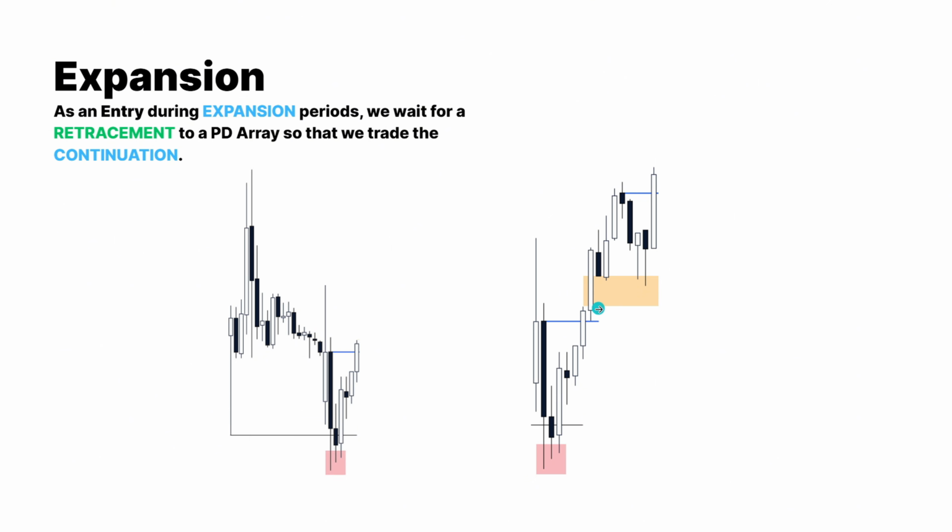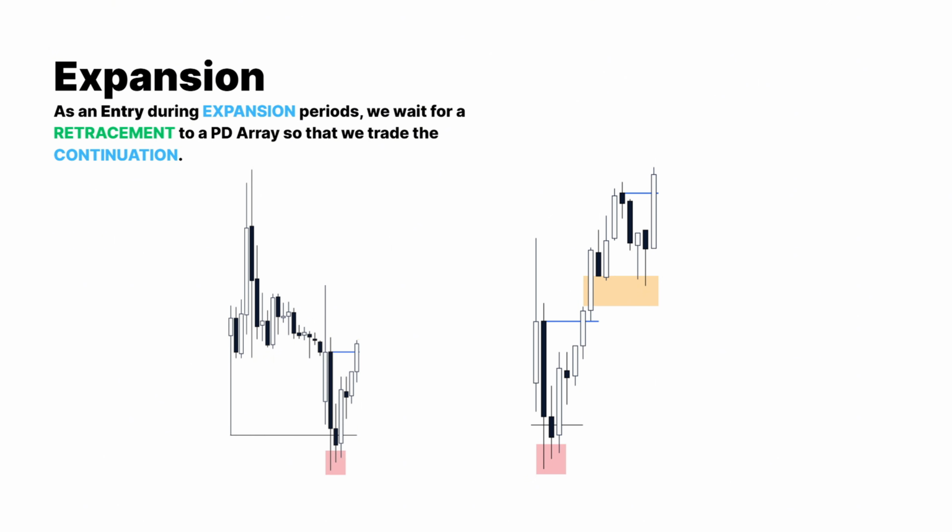You see that there's barely any shallow moves to the downside in this example, and this is just an expansion. One thing to make it clear, as an entry during expansion periods, we need to wait for retracements to an IPDA array so that we trade the continuation.